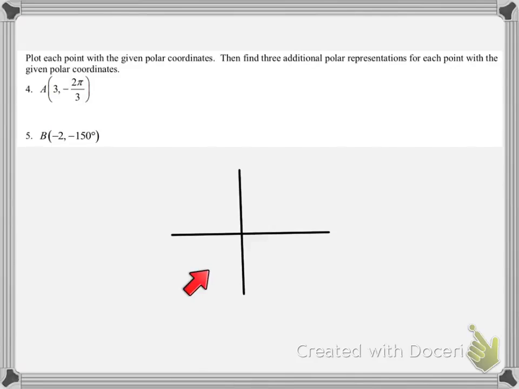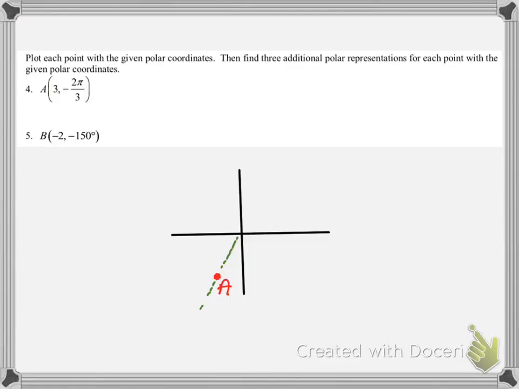And 3 means we'll just come out 3 units from the origin or the pole. All right, so if we draw a line for pi over 3, and the radius of 3, we'll just call this a distance of 3 right there. And that'll be the coordinates for point A.